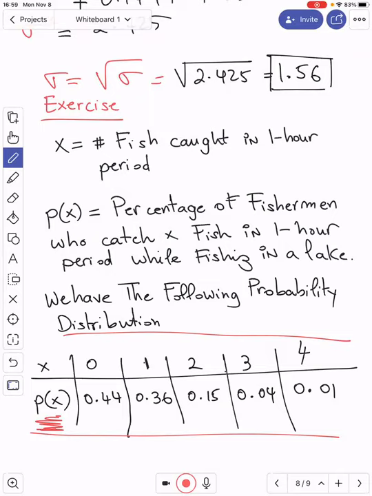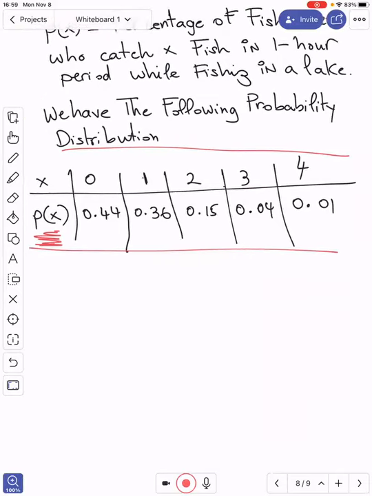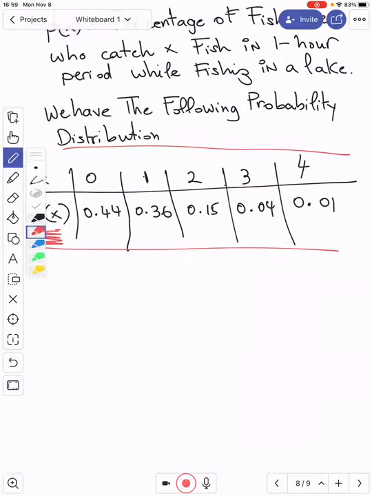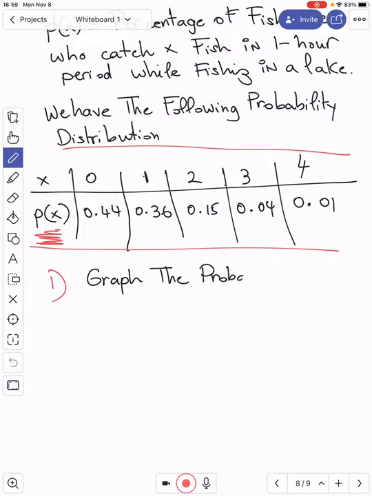Anyway, because we already have the probability distribution, nevertheless, we can first try to graph the probability distribution.